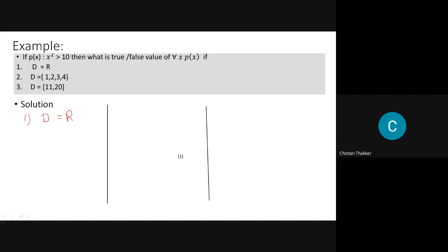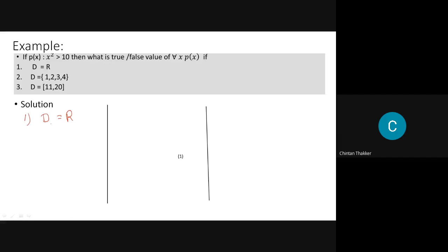If we find such a value, then for all x P(x) is false. If we can't find that value, that means there is no counterexample, so for all x P(x) is true.